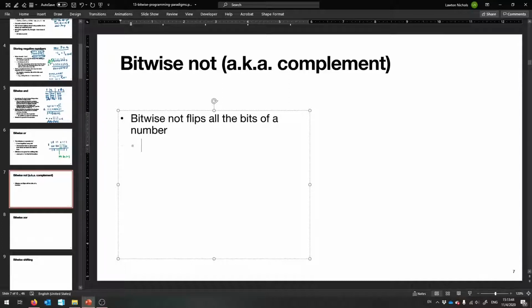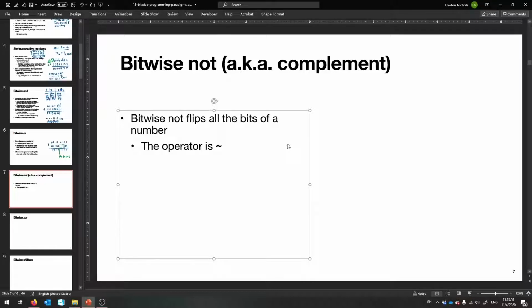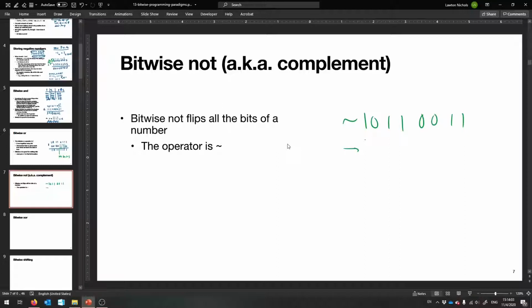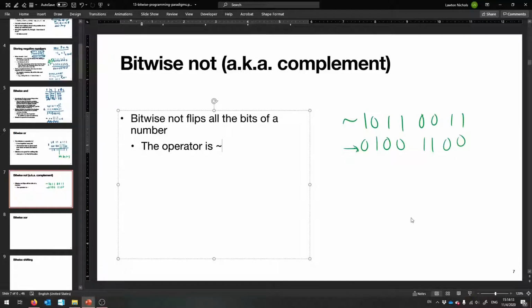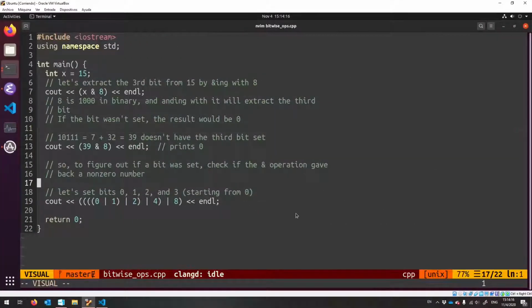It's actually the operator is the tilde. It's like flip all the bits. Alright, so if we had, for example, 1, 0, 1, 1, 0, 0, 1, 1, and we knotted that, we'd get back, well, just flip all the bits, 0, 1, 0, 0, 1, 1, 0, 0, and that's that. Okay, so that's the complement of a number, just flip all the bits. So, for example, a good example is, hey, let's negate a number by using 2's complement.